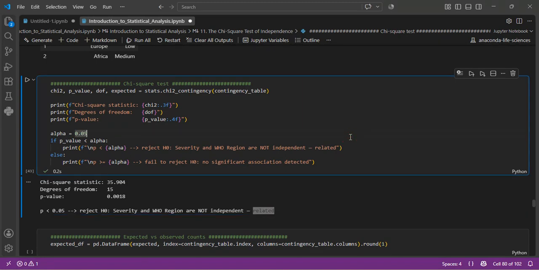So by so doing, you can say that okay, COVID came. However, based on the data that we have, the severity of the disease, which is measured by the confirmed cases, is dependent on the region where the person is coming from. Please, I hope the intuition is clear.